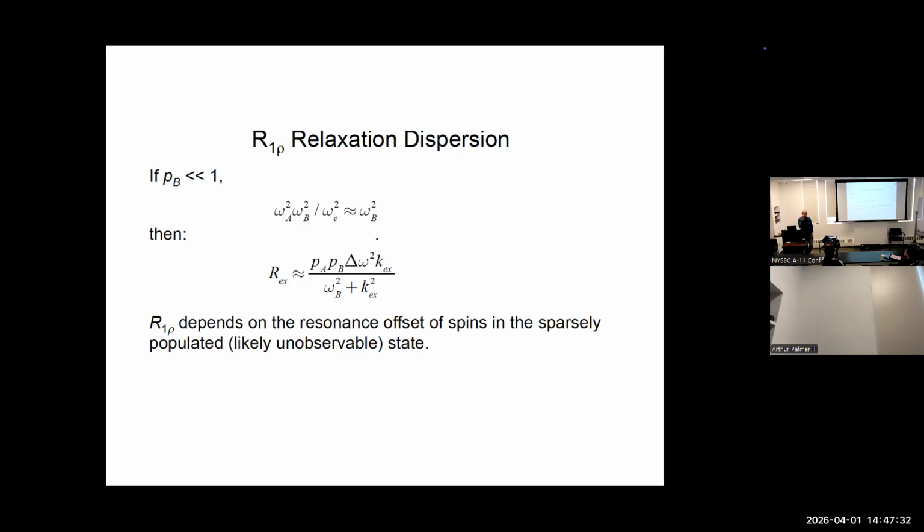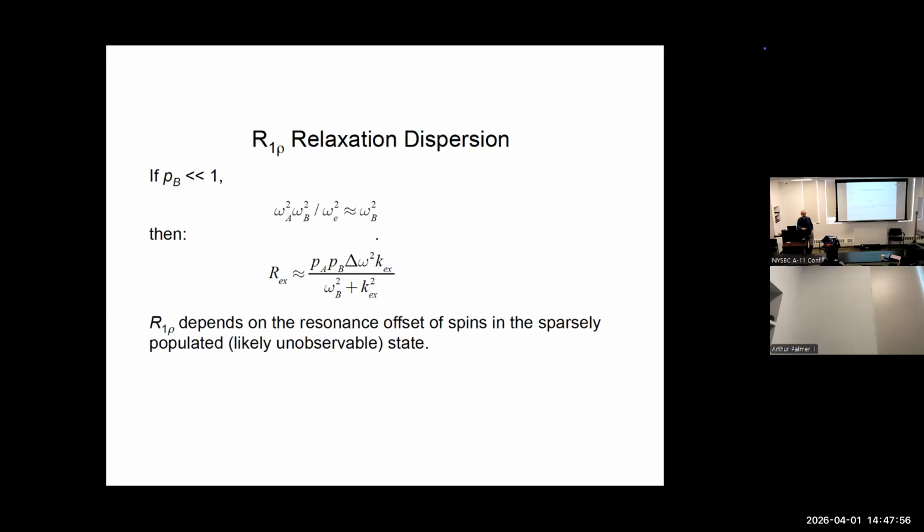So the CEST experiment uses a fixed relaxation delay and moves the carrier and just looks for the minimum intensity. But if you took the logarithm and divided by that time, you would have a rate, and that would be this rate. So they're the same experiment.